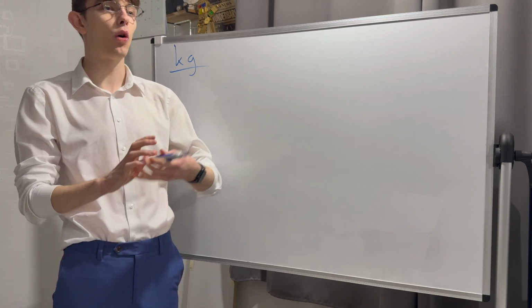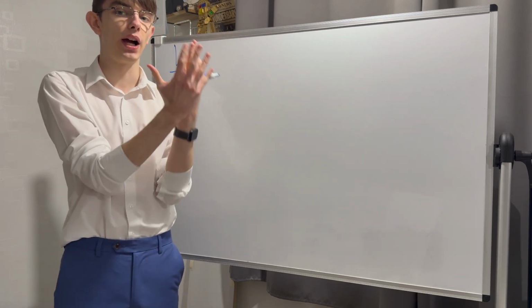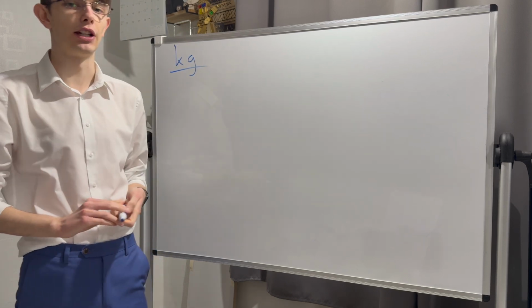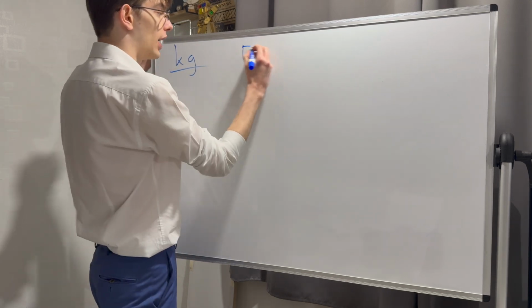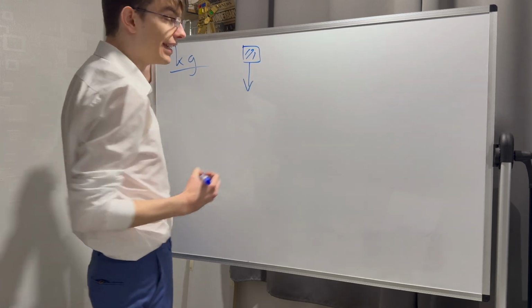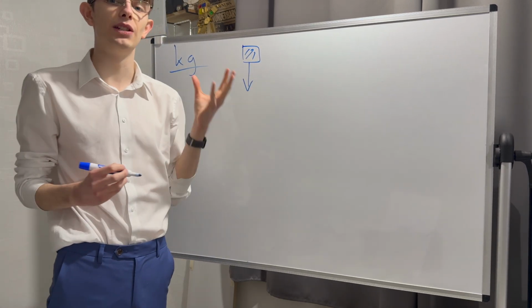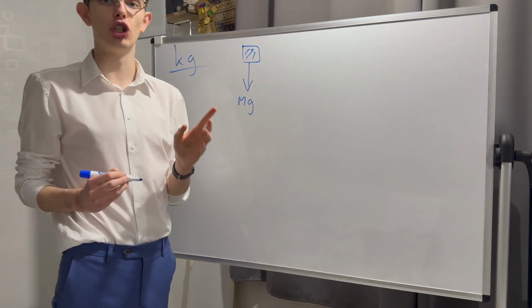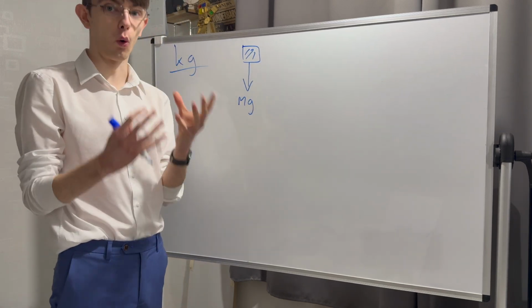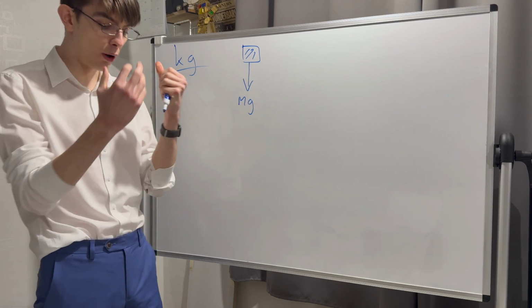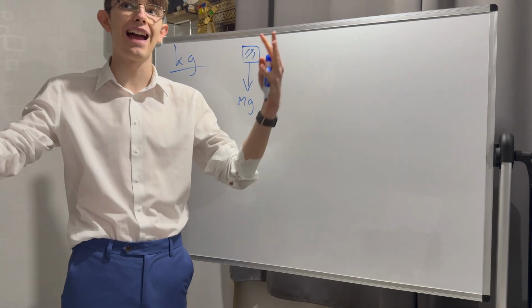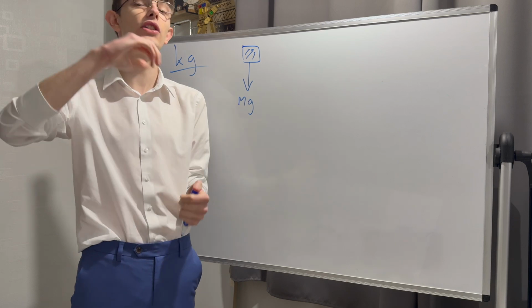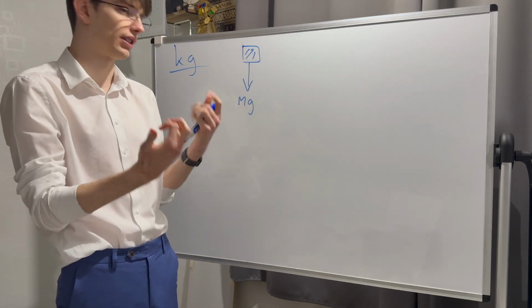Weight is how that mass is affected by gravity, by a gravitational pull. When an object is on Earth, it is being pulled down with a weight. That weight is mg. It is a force. It is the force that is pulling you towards the ground, that is pulling everything towards the ground, that is pulling the Earth around the sun, etc., etc., etc.